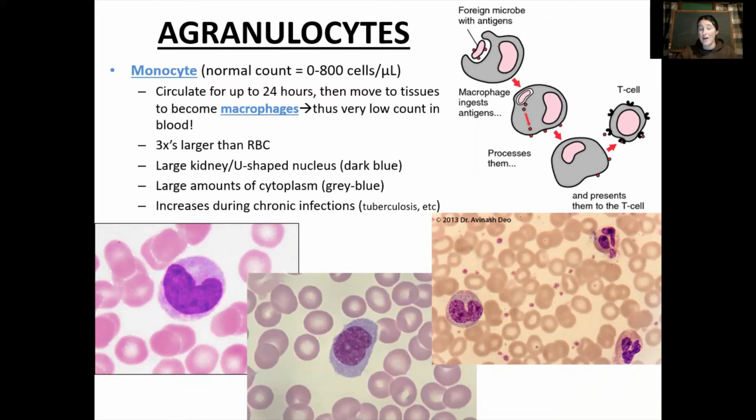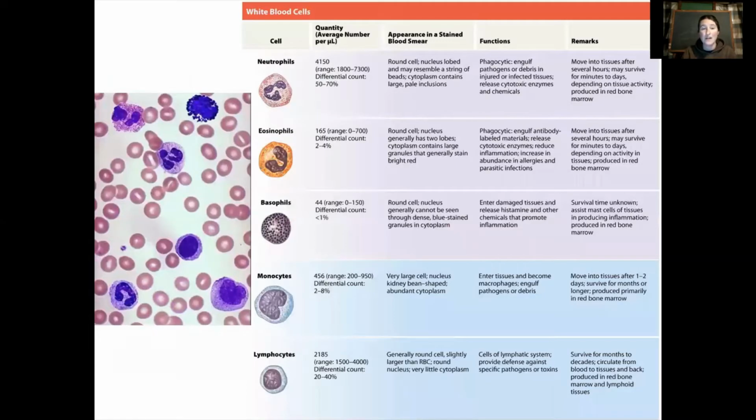If you see that there are 1,000, 2,000, 3,000 of these cells, that will indicate that the patient has a chronic infection. Okay, and I give you this nice chart here to wrap up this little mini lesson so that you can see in one place all of the different characteristics, right?